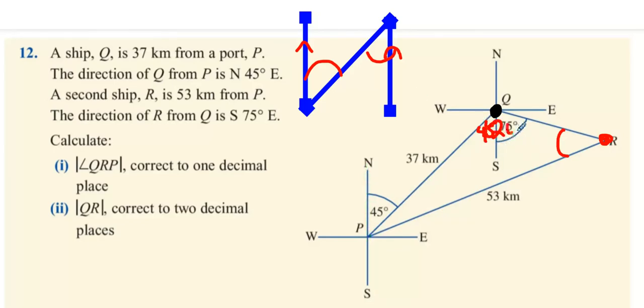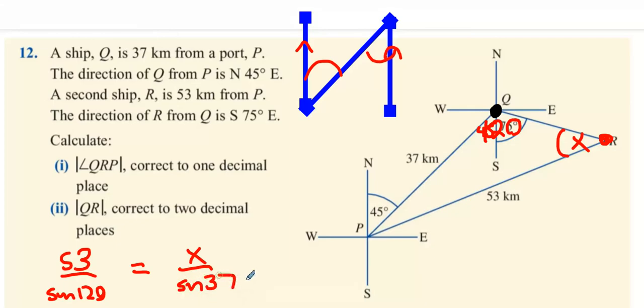Okay, now it still doesn't really help me. Actually, it will help me. I can use the sine rule. How do I use the sine rule to get an angle? 53 over sin 120. Yeah, I can work with that. What's next? X over sin 37. Yeah. Now, no. Sam, 37 is the length.